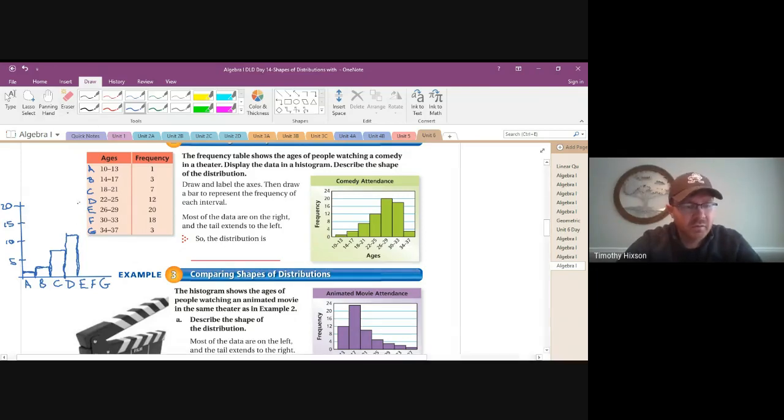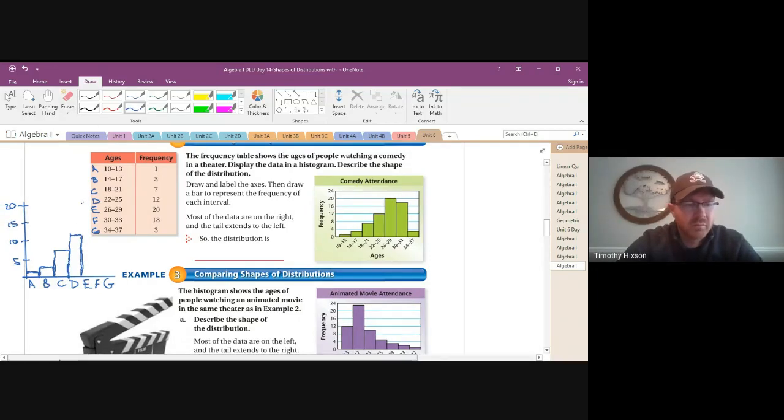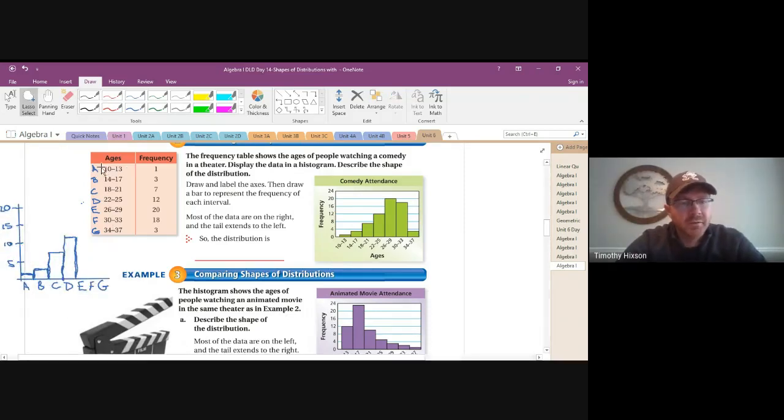You know what? I'm going to pull this over a little bit just so we have some more room. Okay. I'll pull these over too.